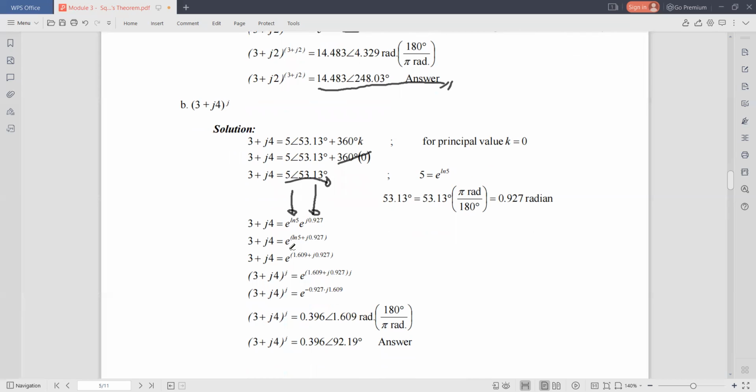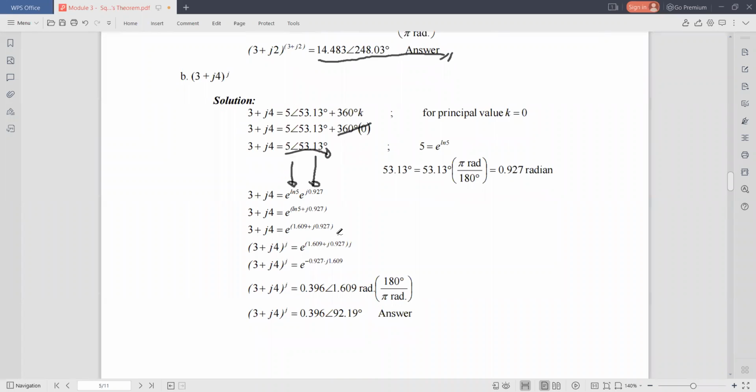We convert to polar form again, and it is simplified. So we have here e raised to ln of 5, which is 1.609, plus j0.927.